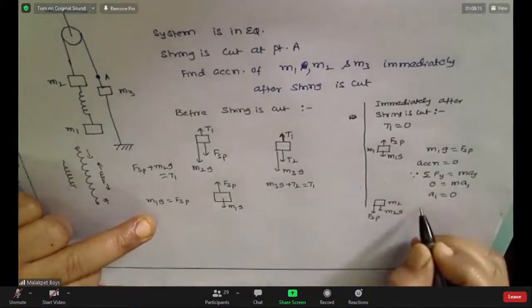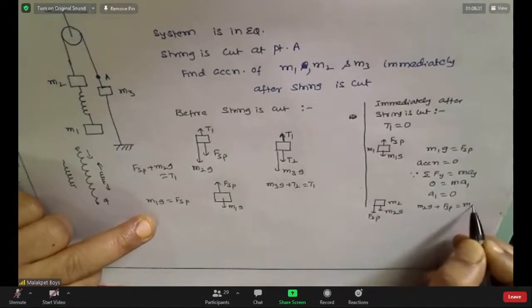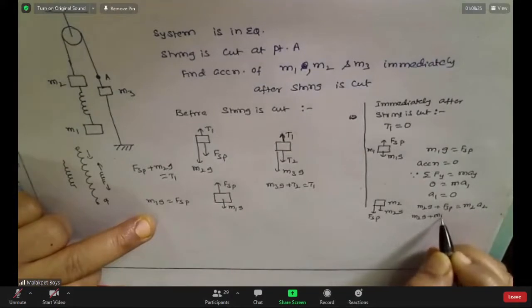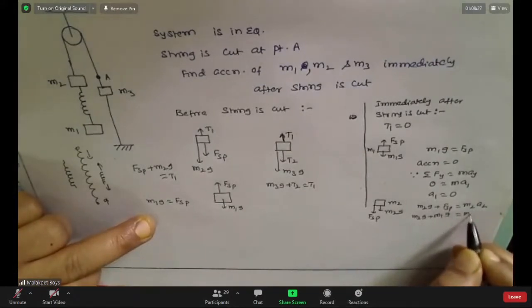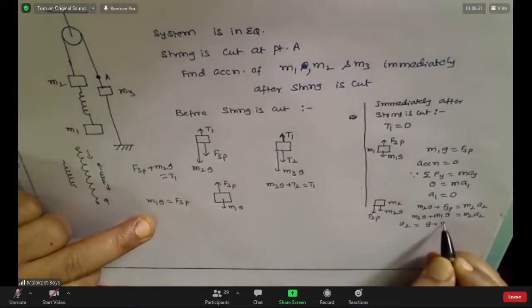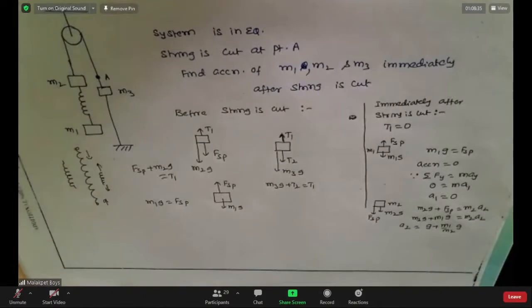So here what is the acceleration? Correct?